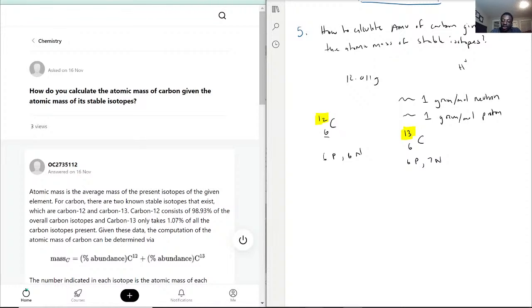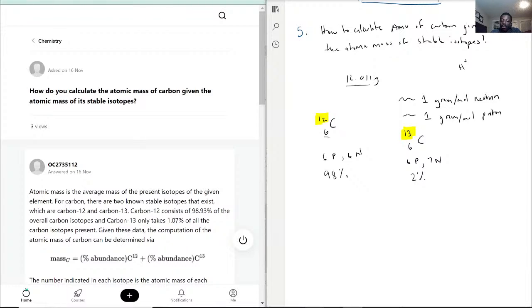Now these are just carbons that appear in nature, but to calculate atomic mass, they appear in percentages. Let's say out of 100% of carbons out there, the reason you have a number so close to 12 is that typically around 98% of carbons are carbon-12, and like 2% are carbon-13.